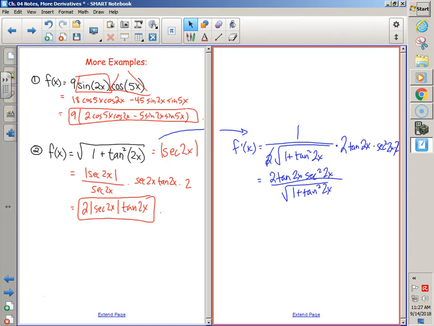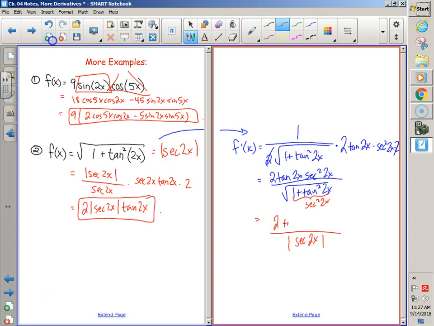You guys, you would have been fine. Because couldn't you have just kept on going and been like, wait a minute, this is something special? It's a secant squared of 2x? And then you could go ahead and take the square root of the square. That's what I was thinking.